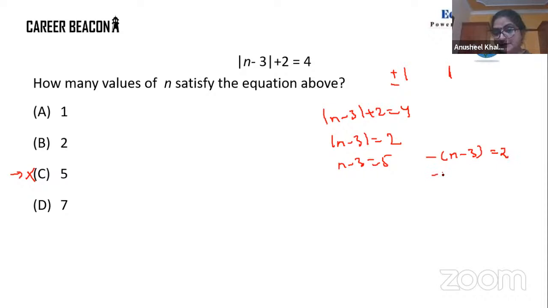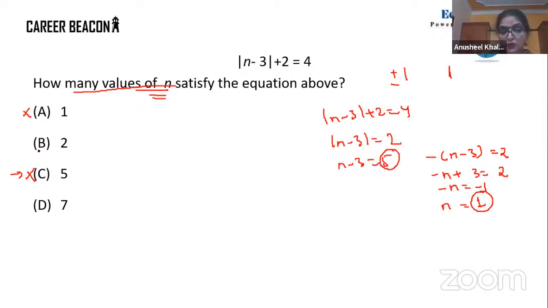If you solve this expression, you get minus n is equal to minus 1, or n is equal to 1. Again, this is a partial answer. The question is asking how many values of n satisfy the equation above. So there are 2 values. The correct answer here is 2.